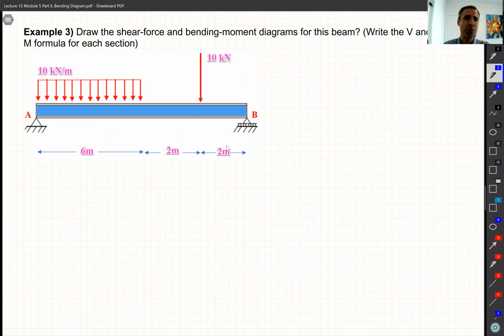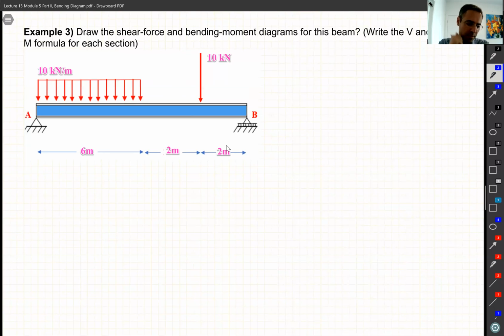Later in future in your job, you can skip writing equations, but now you have to learn how to use the equations, okay? So in your exam, we will tell you to write the equation, draw the diagram, and also check it graphically to make sure you didn't make any mistake.